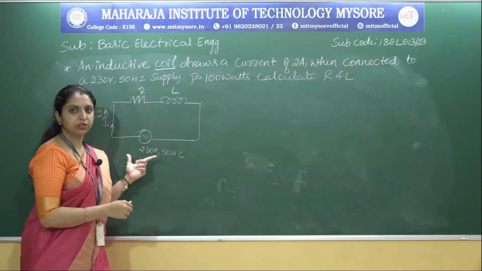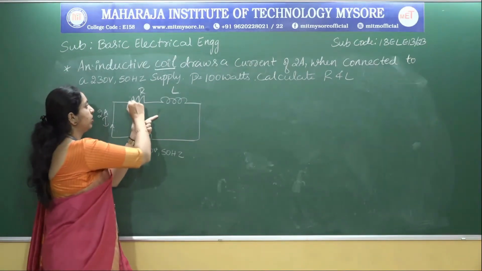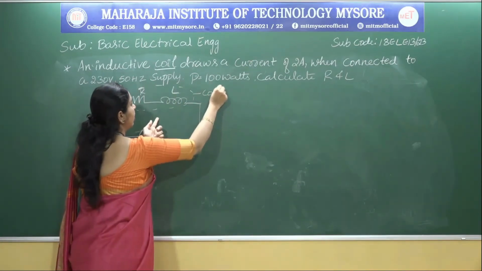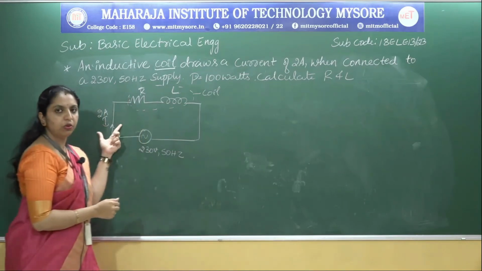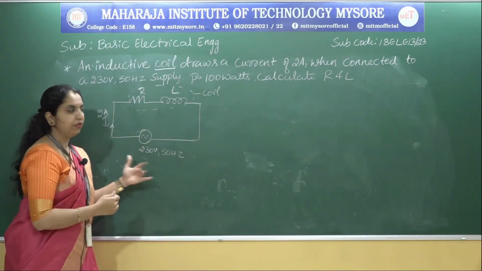So now the circuit is provided in this form. We have a coil, which is the combination of R and L, which draws a current of 2 amperes and is connected across 230 volts and 50 hertz.